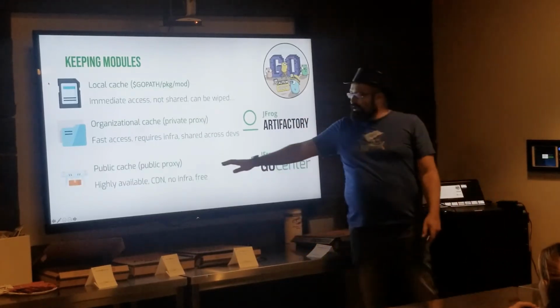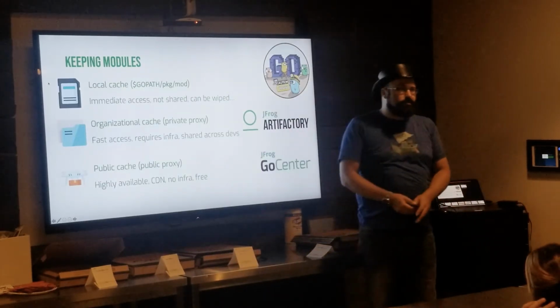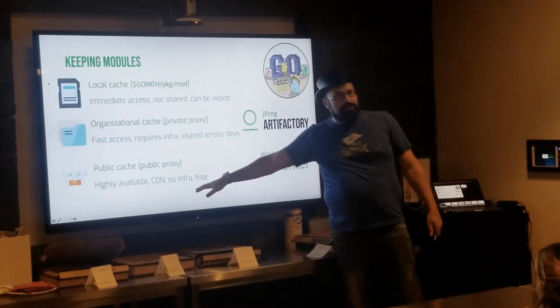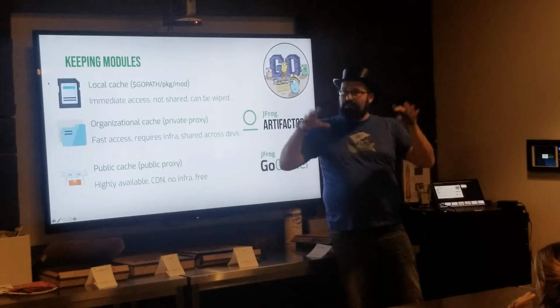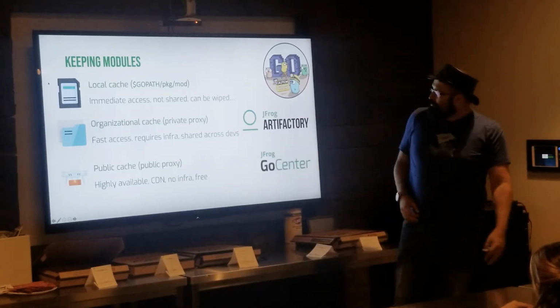And the third level is a public proxy, public repository. And the public repository exists there in the cloud. It's backed up by a content delivery network, so the server will be nearby wherever you download.